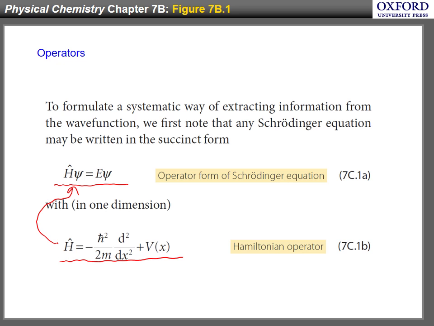All this operator does is take the second derivative and multiply that by minus h-bar squared over 2m.